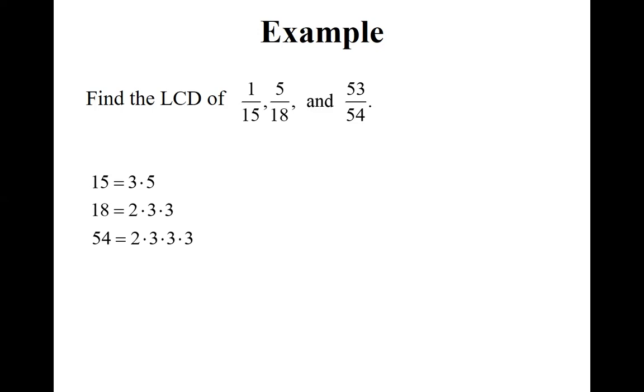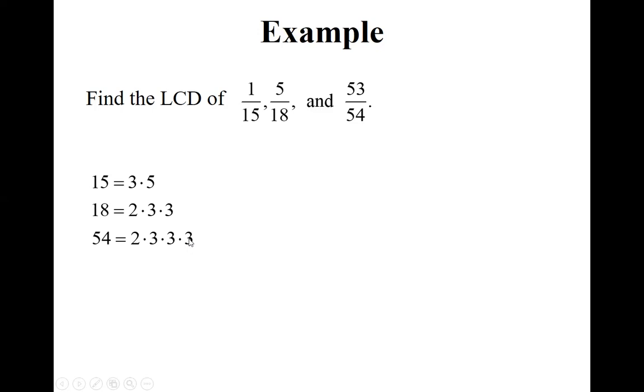Our unique factors are 2, 3, and 5. So 2, 3, and 5 will make up the LCD. How many of each depends on what the most number of factors of each is. So for 2, we have 1, 2, and we have 1, 2. So that's just going to be 1, 2. For 3's, we have 1, 3, we have 2 3's, and we have 3 3's.